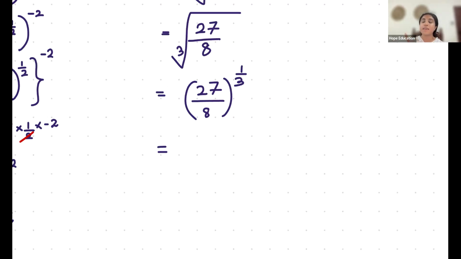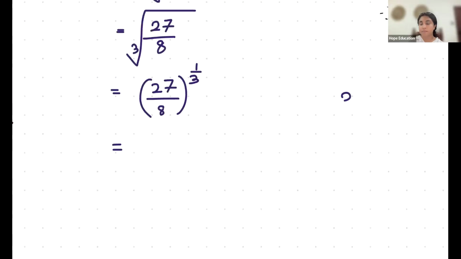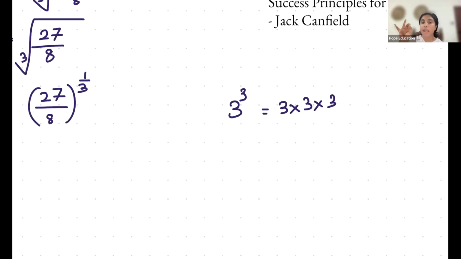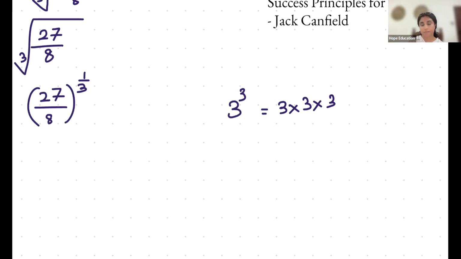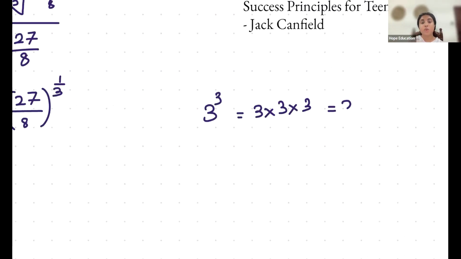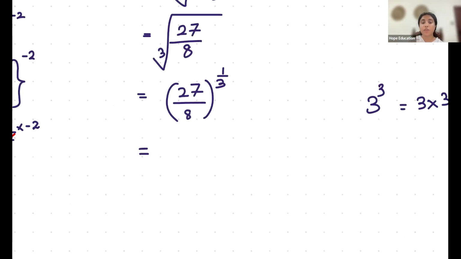27, do you realize that I can write 27 as 3 to the power 3? 3 to the power 3 is 3 times 3 times 3. 3 times 3 is 9. 9 times 3 is 27. So that is 3 to the power 3. So instead of 27, I write 3 to the power 3.